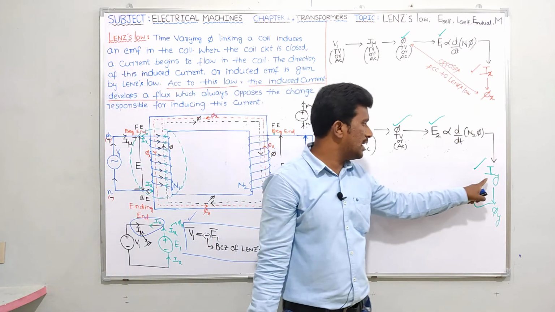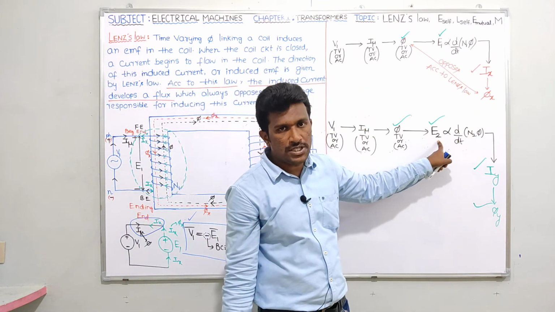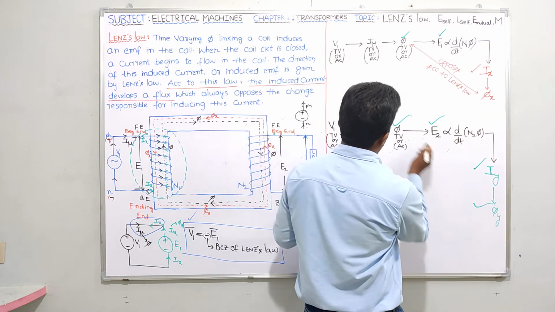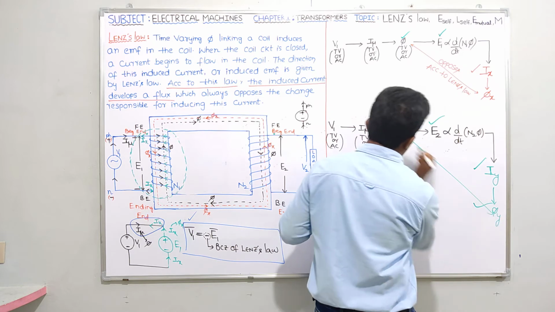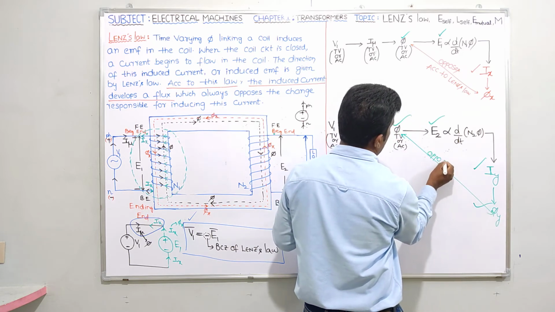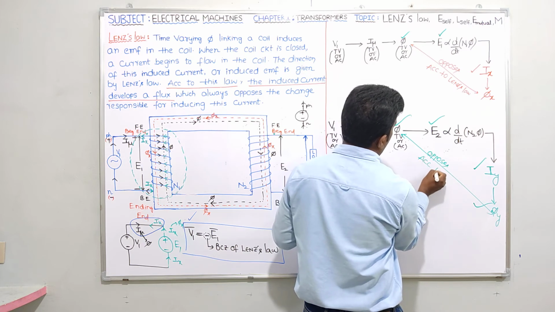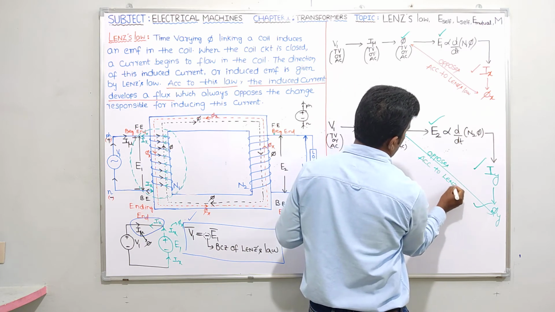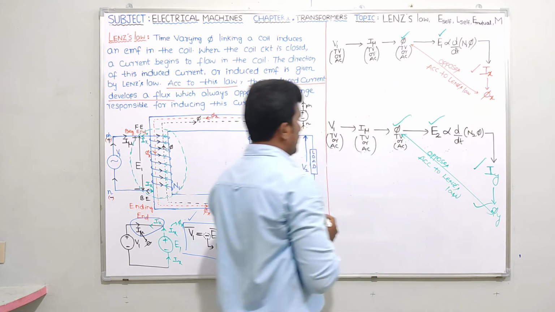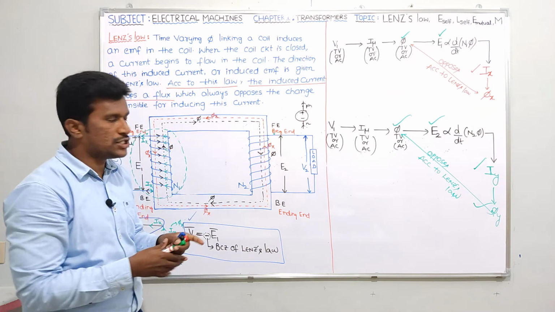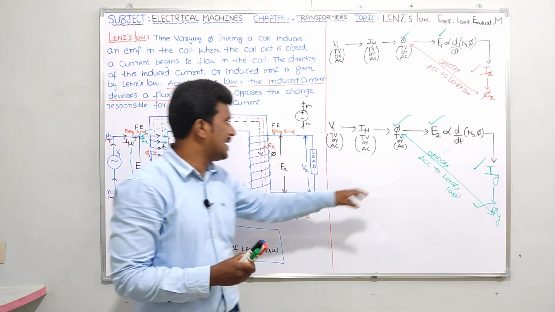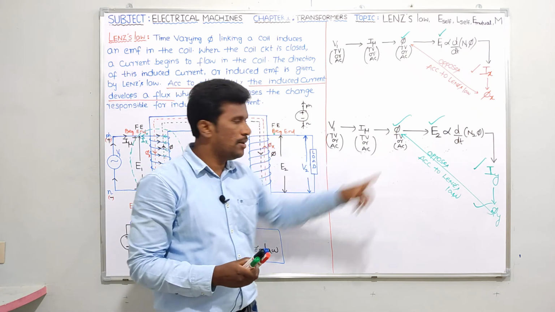Tell me who is responsible for getting this IY? E2. Who is responsible for getting this E2? Once again pi. So this pi y will oppose this pi. So according to Lenz's law, now tell me guys, if you want to show the direction of pi y, what should you see? You should see the direction of pi, black color.